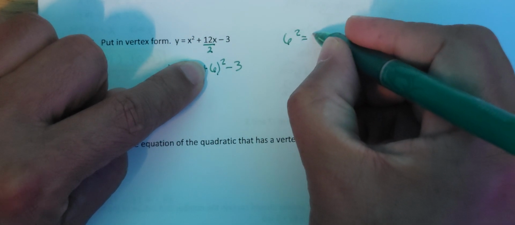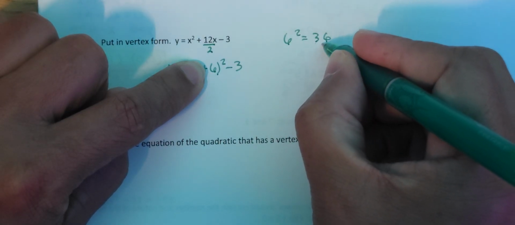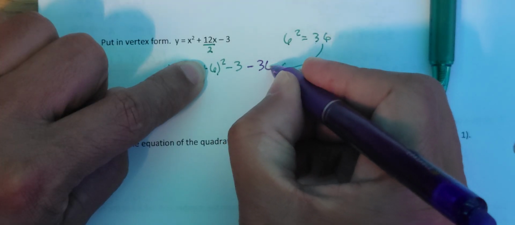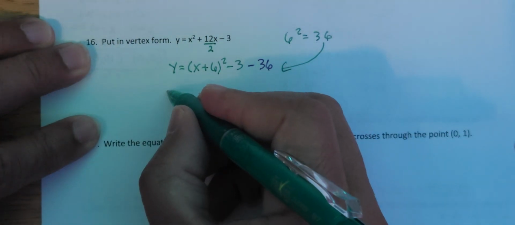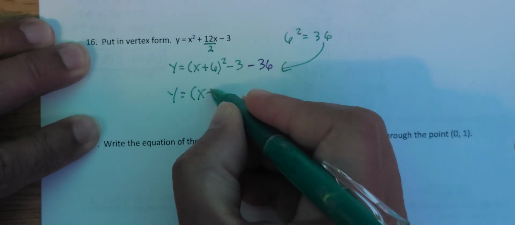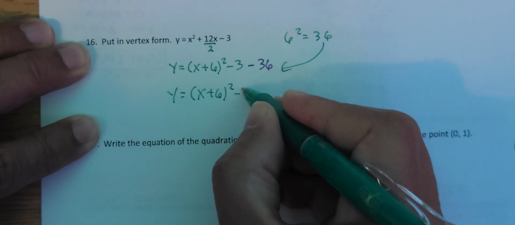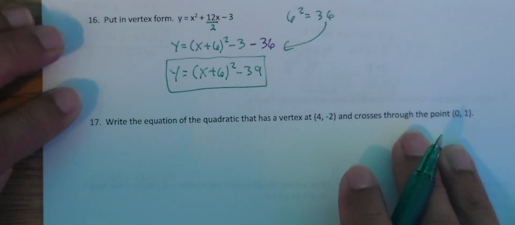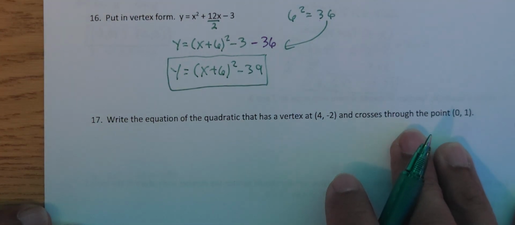Okay, and that is equal to 36. Since it's positive 36, then I need to undo it over here. So subtract 36. So then the equation in vertex form is y equals x plus 6 squared minus 39, which means the vertex for this parabola is at -6, -39.